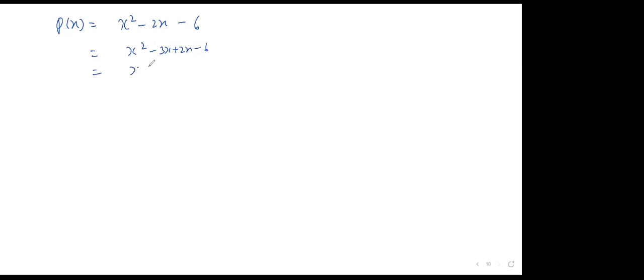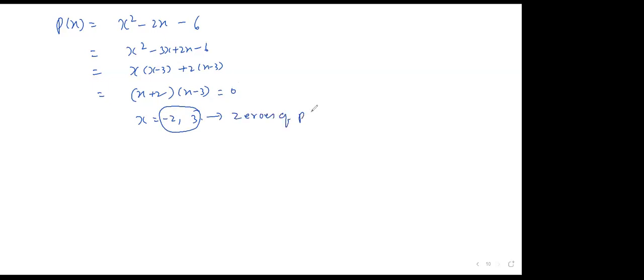And this can be written as x into (x minus 3) plus 2 into (x minus 3). So (x plus 2) and (x minus 3). If we make it 0, we have x equals negative 2 and 3. These two things are nothing but zeros of the polynomial, zeros of p(x).